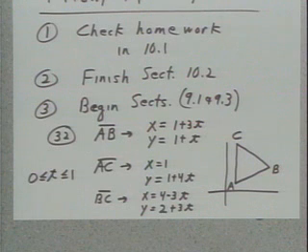Do you have any questions for me from 10.1, where you had to draw graphs of parametric equations, convert them to Cartesian, and do a variety of things? Anything that we should check this morning? 10.1. Check 710. Which one? 710. Okay. Problem 17.